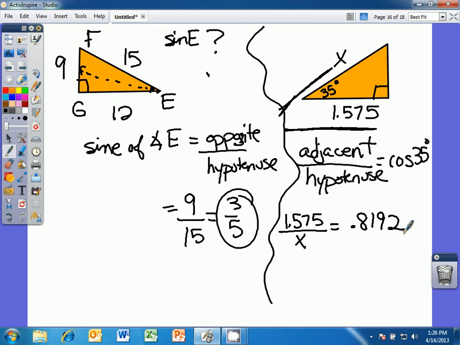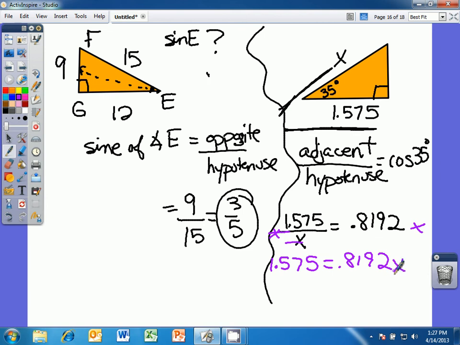To solve this, I'm going to multiply both sides by x to get the x out of the denominator. That's 1.575 is equal to 0.8192 times x.